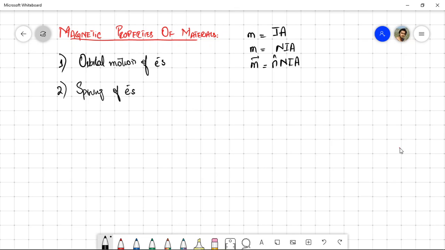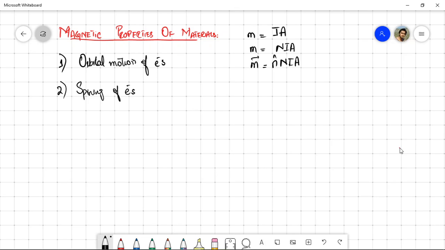As a result, due to the motion of that electron in that orbit, there will be a magnetic moment. We will add up all the magnetic moments, and what we get is the cumulative magnetic moment of that atom.